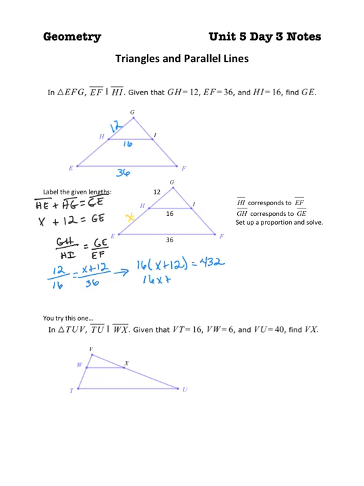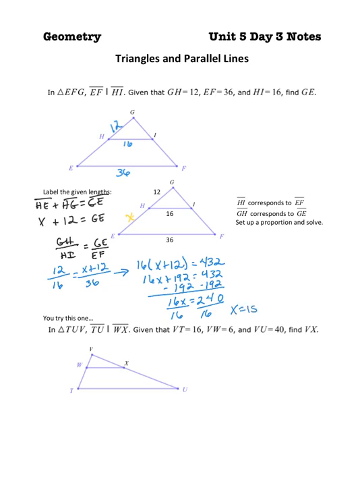There we go. 16x plus 192 equals 432. Subtract 192 from each side. I get 16x equals 240. Divide both sides by 16, which is 15.